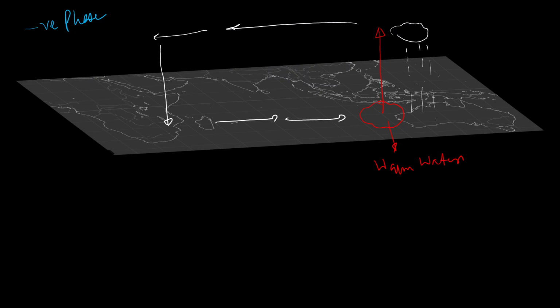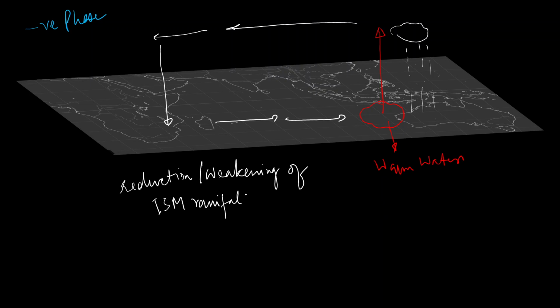So during the negative phase, we see a weakening of Indian summer monsoon rainfall. This is because now here on the coast of Africa, the evaporation of the water is reduced because of the relatively cooler temperatures.